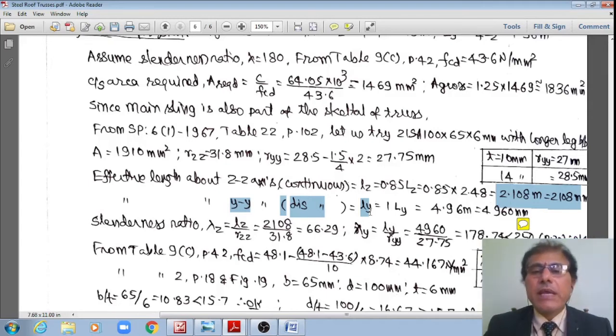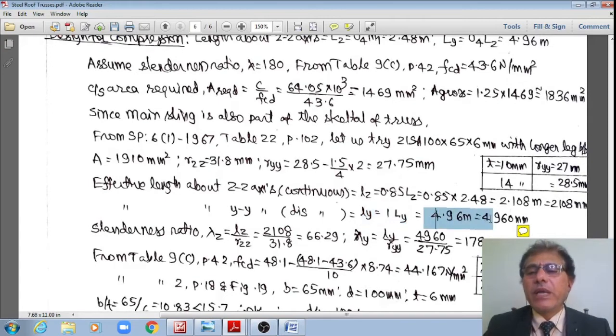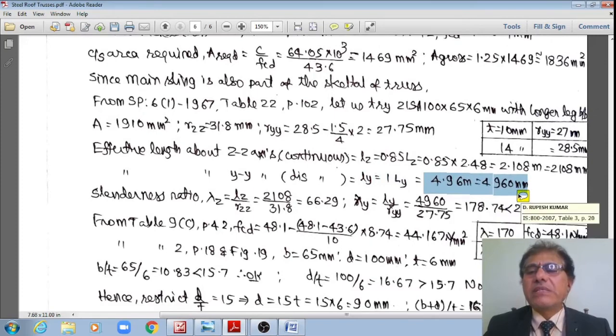Therefore, that is how the importance of the lengths as well as the buckling on the design compressive stresses, from buckling point of view, right? Therefore, if you understood that, KLy is equal to 1 because it is discontinuous, 1 only multiplied by Ly. Ly is equal to 4.96 m, or 4976 mm.